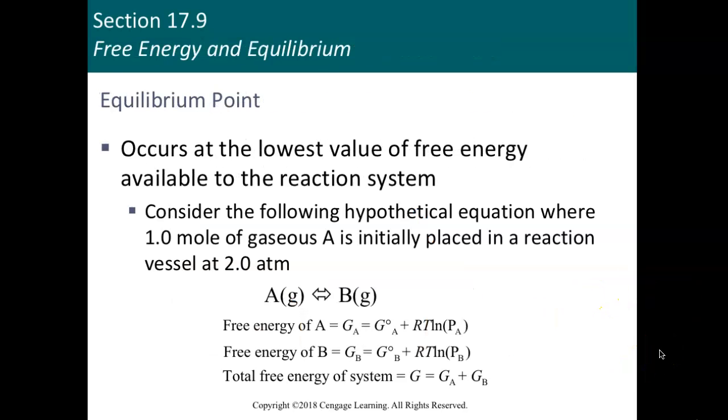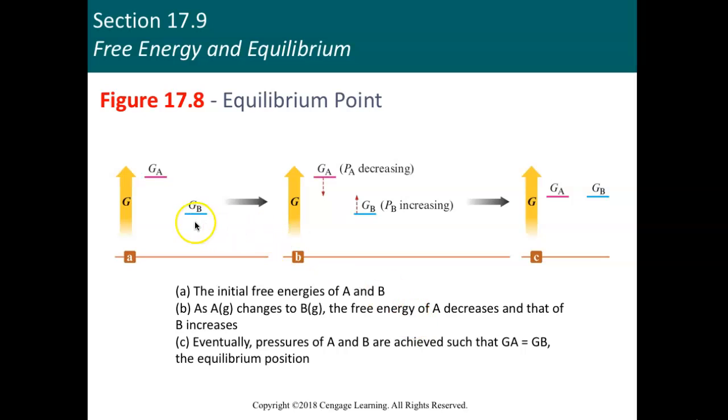All right, so the equilibrium point is the point in a reaction or in a system where free energy is the lowest. And in this case, they're just having you look at gas A turning into gas B. All right, so we're not going to spend a lot of time on this, but what you need to know is that if this is a spontaneous reaction, the free energy of gas A is going to go down, the free energy of gas B is going to go up.